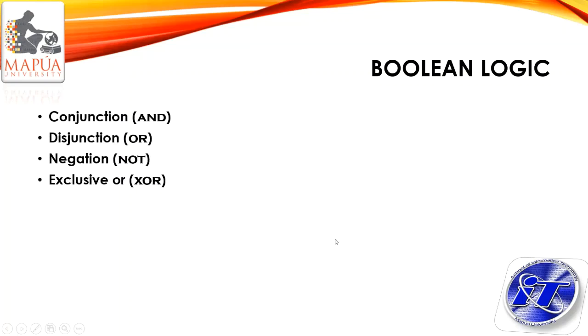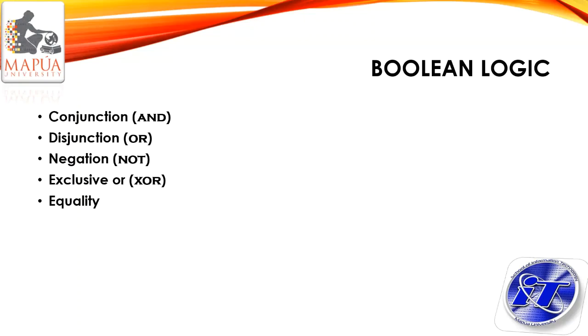And going back to discrete math, we discussed Boolean logic: the conjunction, disjunction, negation, exclusive or, and equality. So conjunction, if at least one of the inputs is false, automatically the output is false. Disjunction, if there is a true input, the output will be true.